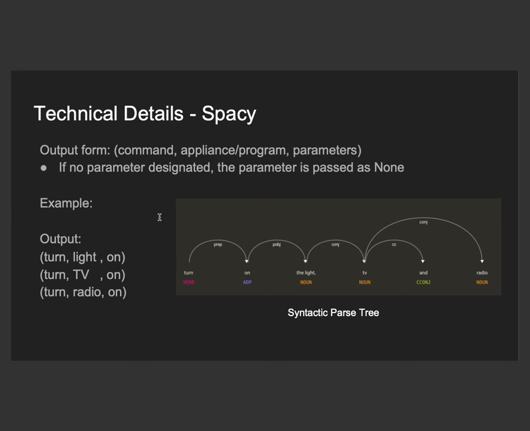It will first tell us whether each word is a verb, a preposition, a noun, or just a conjunction. It would also provide us with the relationships between different words in this sentence. And then we wrote an extra layer that would output this kind of tree map into command tuples like this.